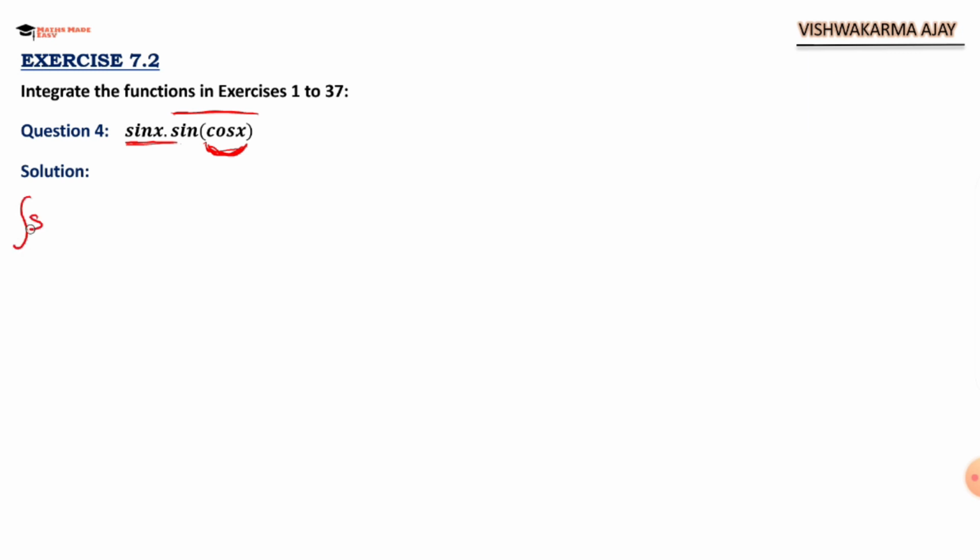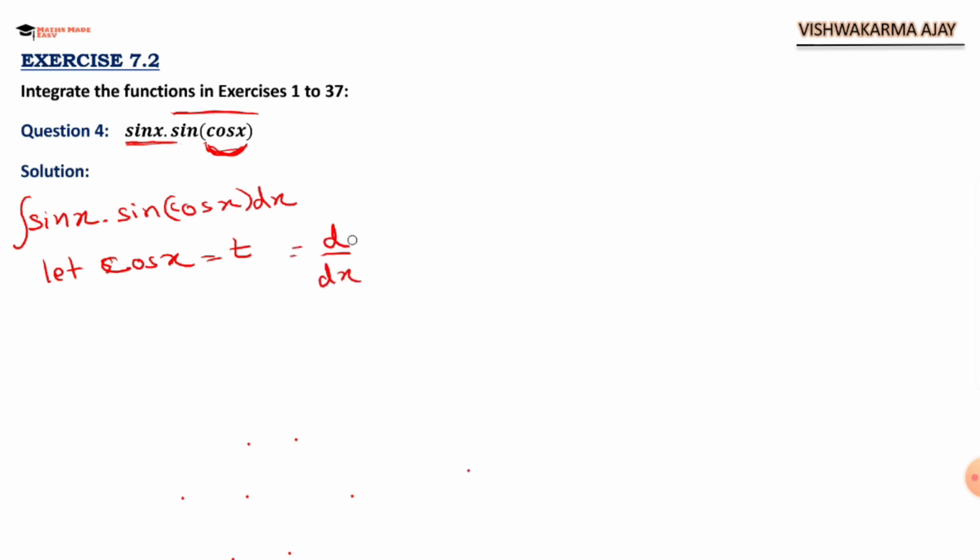Our question is like this: sine x into sine of cos x dx. Let cos x is equal to t. So the derivative of cos x, I will do like this, d upon dx of cos x is equal to d upon dx of t. Now, derivative of cos x is minus sine x.